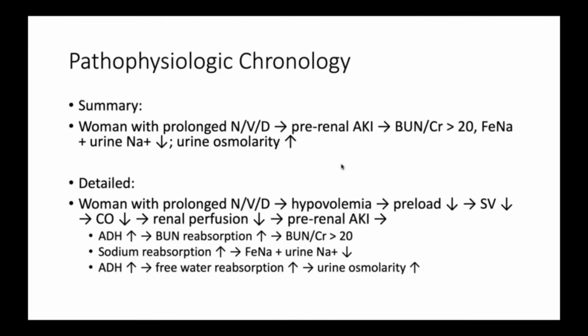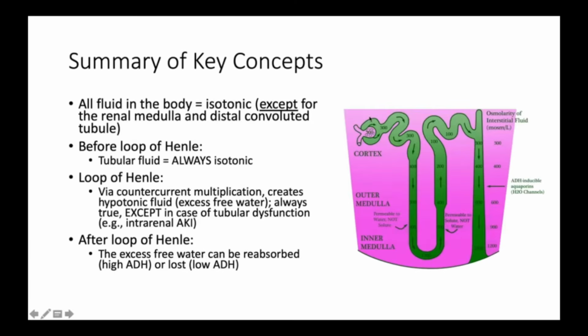So sodium is reabsorbed at lots of places, right? So sodium is reabsorbed in the proximal tubule, in the thick ascending limb, the sodium potassium chloride channel, right? So sodium is reabsorbed here because sodium is co-transported with almost everything. So if you want to reabsorb glucose, it's co-transported with sodium. But there's a lot of sodium reabsorbed here in the proximal tubule. There's less, but still a lot, reabsorbed in the thick ascending limb.